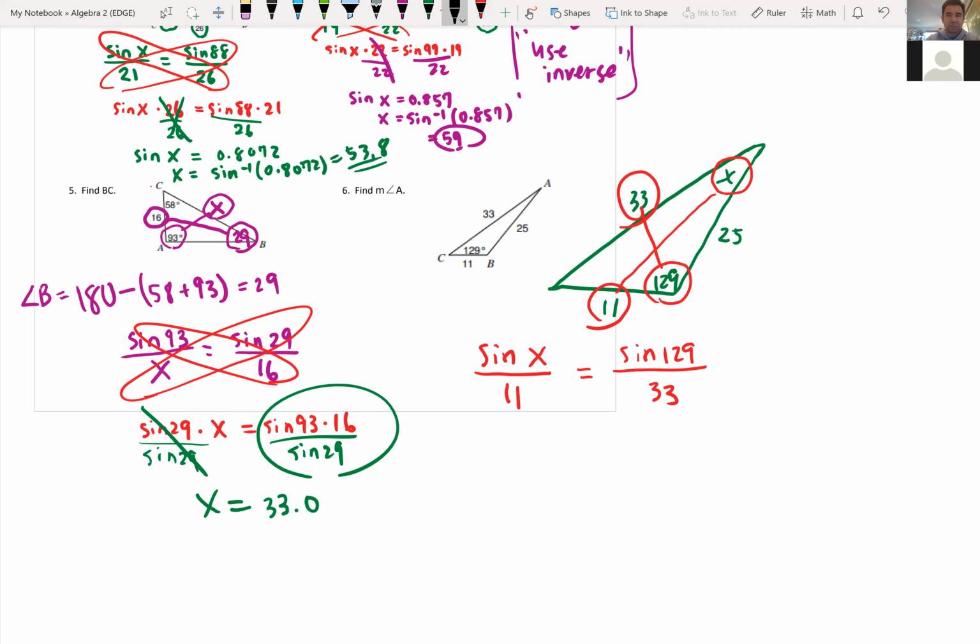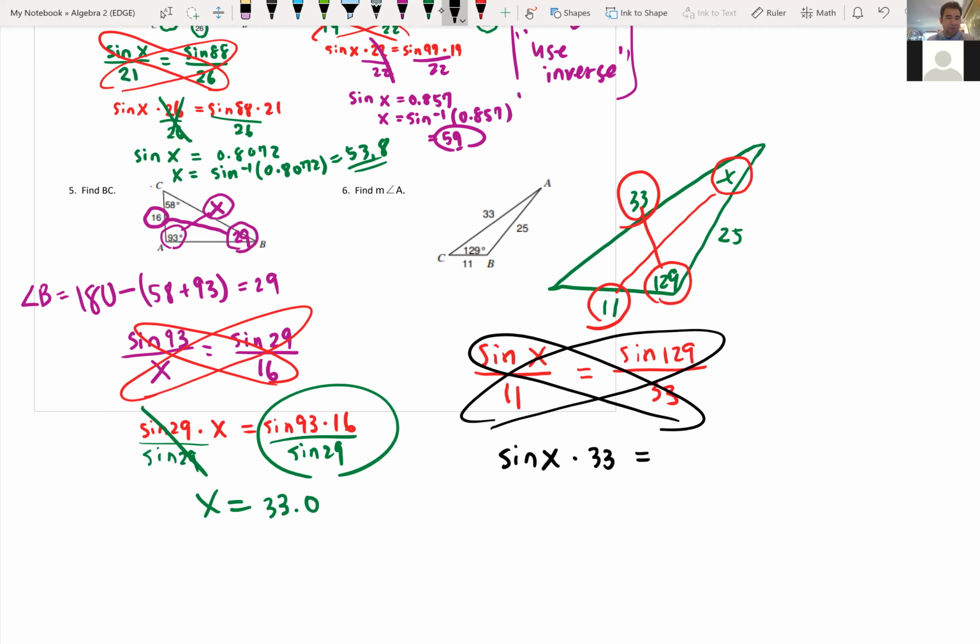Let's cross multiply. Sine of x times 33 is equal to the other diagonal multiplied together: sine of 129 times 11. Let's divide both sides by 33.